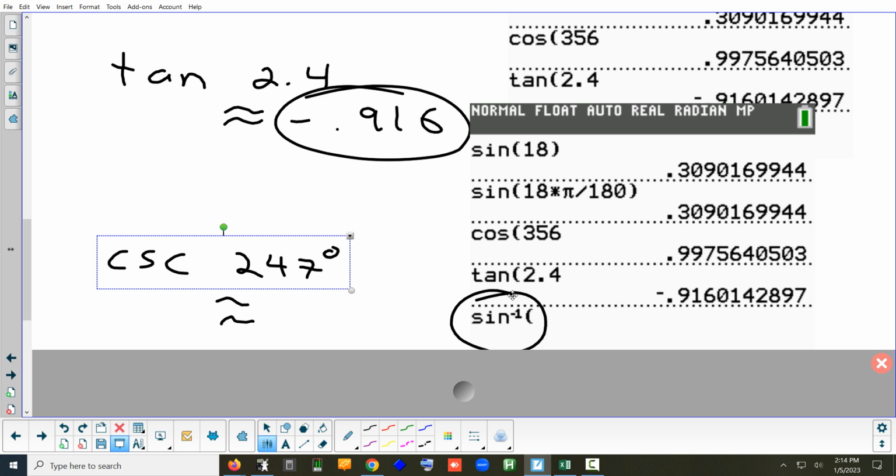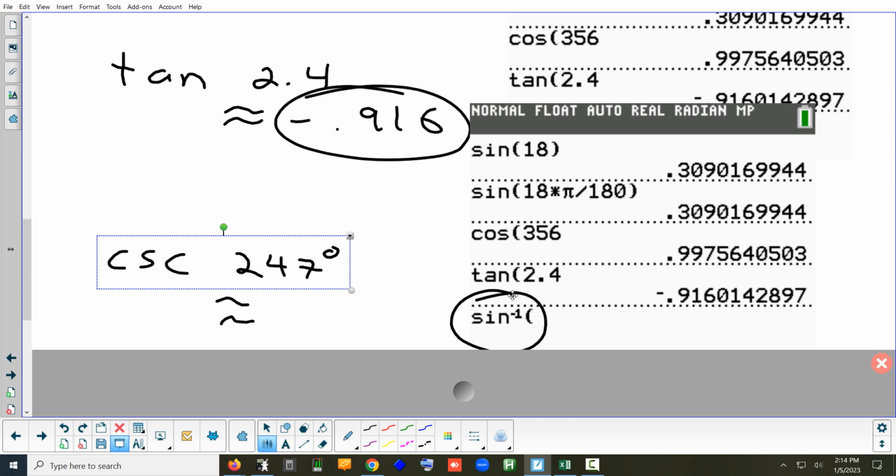Anyone have another thought how we're going to do cosecant? How have we been doing it? You flip whatever your other number is. What do we flip to get the cosecant? Well, if we could come up with a coordinate, it would be the y.